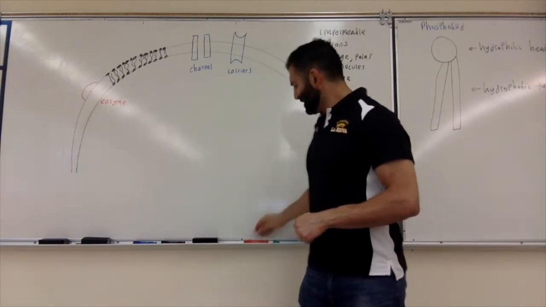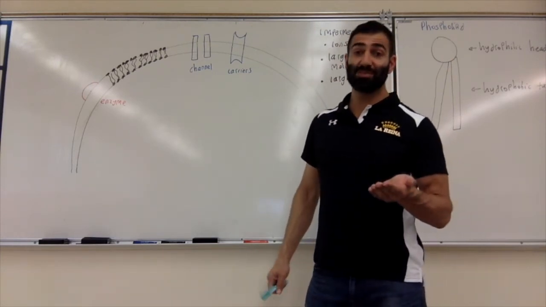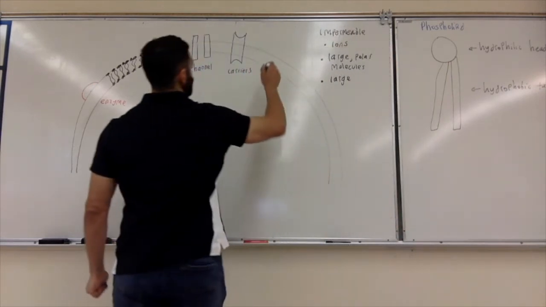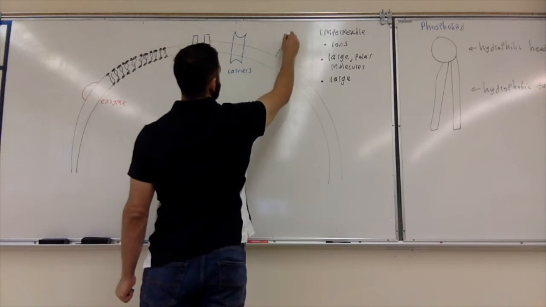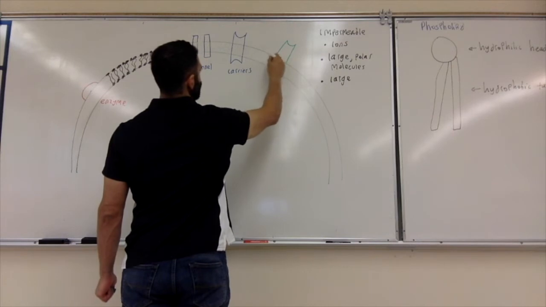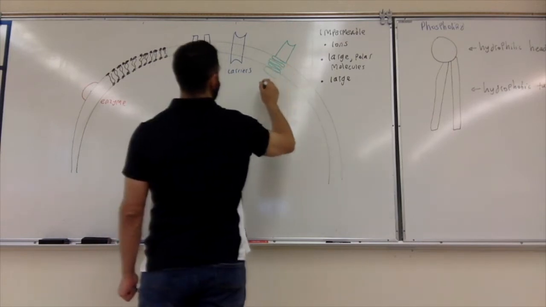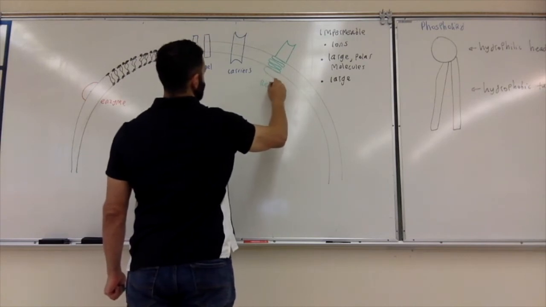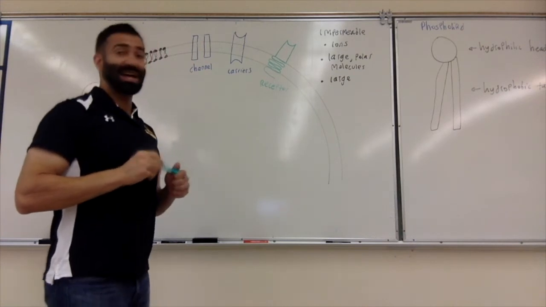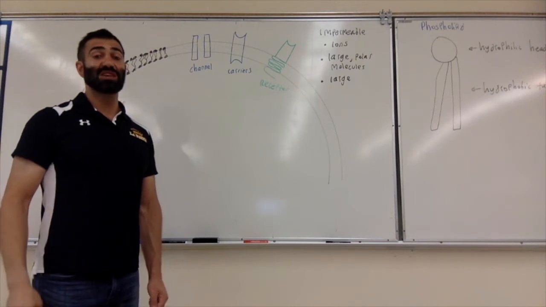Now the next thing, and this is something very important, is cell communication proteins called receptors. So draw this over here. This is a special type of receptor called a G protein coupled receptor, but it's a receptor. What receptors do is they receive specific molecules that instruct the cell to do something.